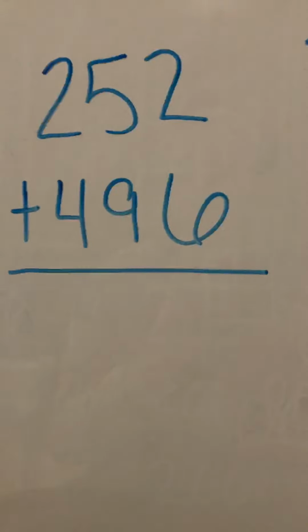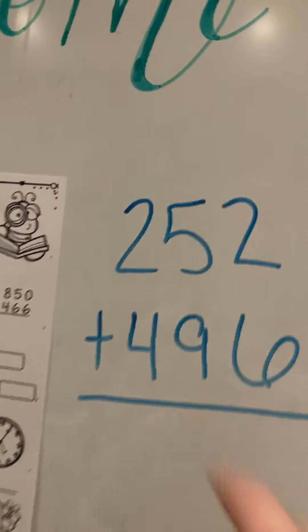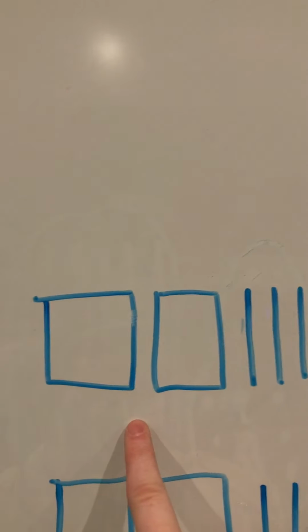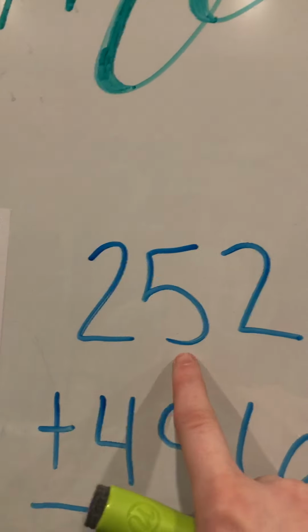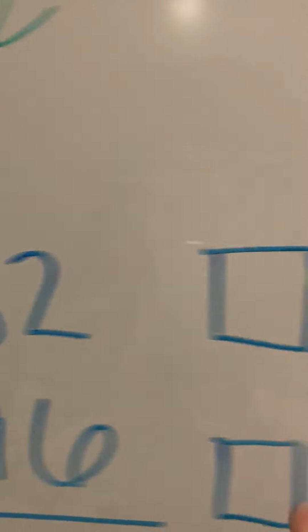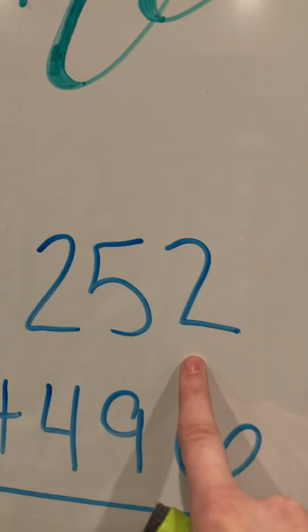So I know that we have 252. So I'm going to start by drawing my two hundreds. Then we have our 5 tens. So I'm going to draw out my 5 tens here. And then we have our 2 ones. So I'm going to draw our 2 ones over here.